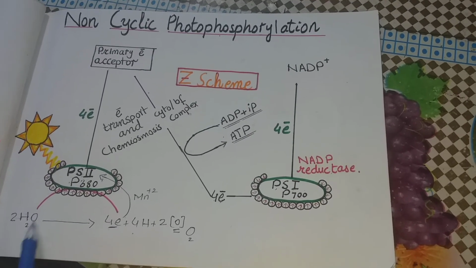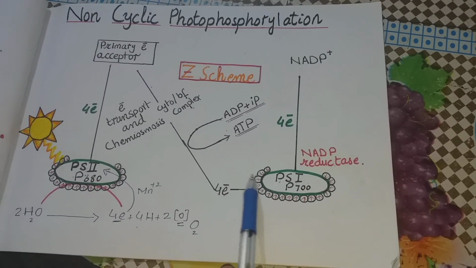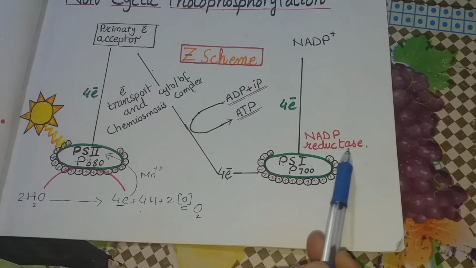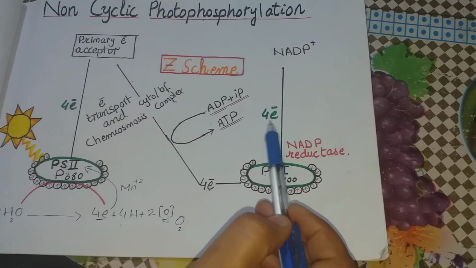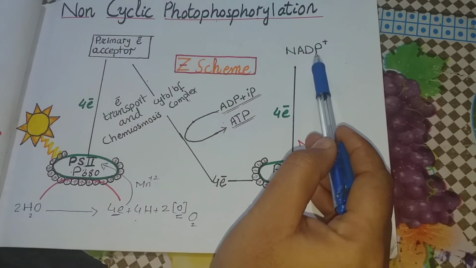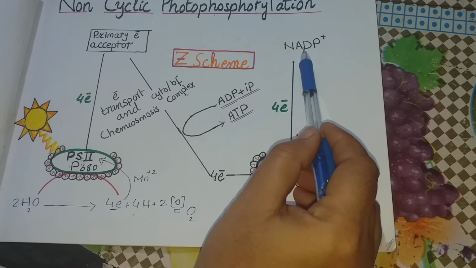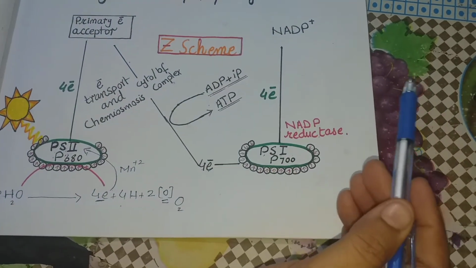Only photolysis takes place in PS2, and PS1 is special for the presence of NADP reductase, which is an enzyme. So in the presence of this enzyme, these 4 electrons are accepted by NADP+. One thing more, it also needs 4 hydrogens or 4 protons for its reduction.